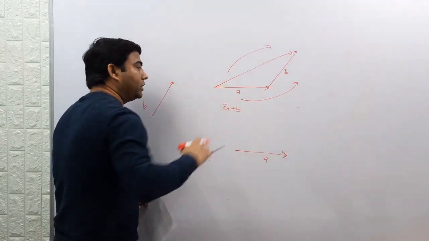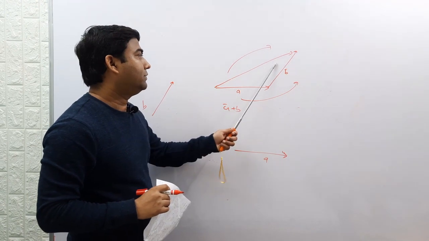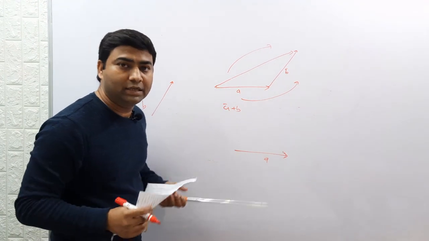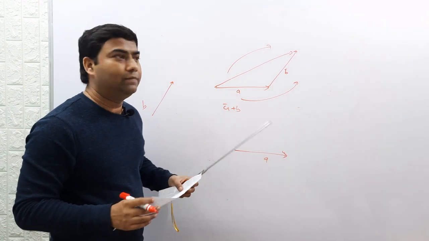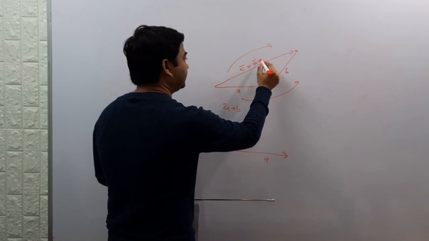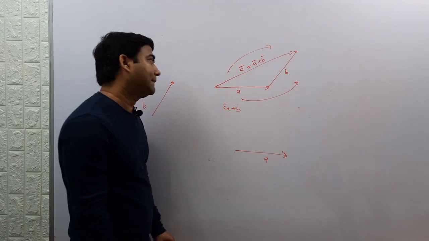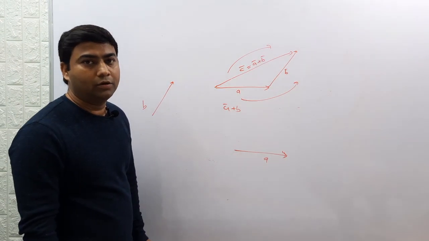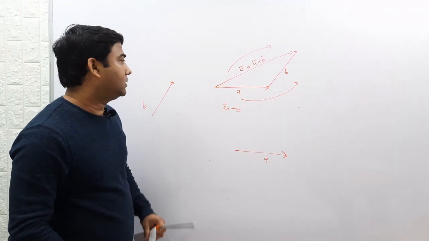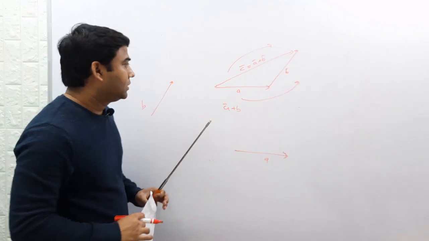This third vector, following the reverse order and completing the triangle, will be the resultant of A plus B. This is the law of addition of vectors, the triangle law.